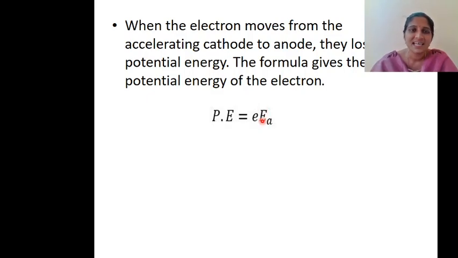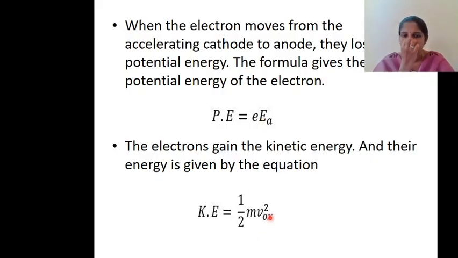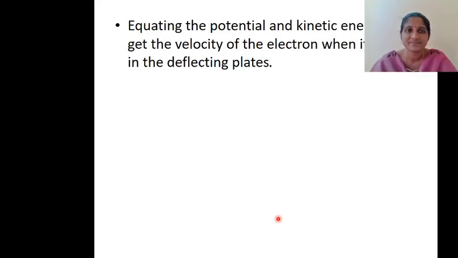Next, the electrons gain kinetic energy, and this energy is given by the equation kinetic energy is equal to half mv squared. This velocity is nothing but Vox, that means the velocity in the x direction. So half m Vox squared is the kinetic energy.